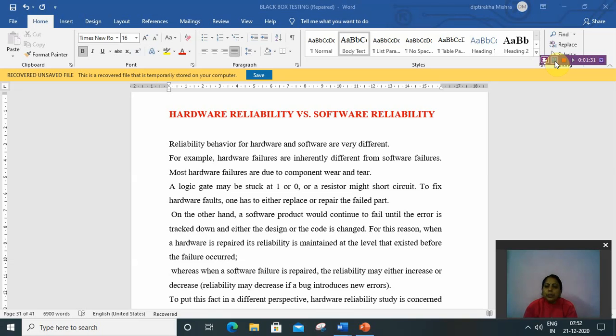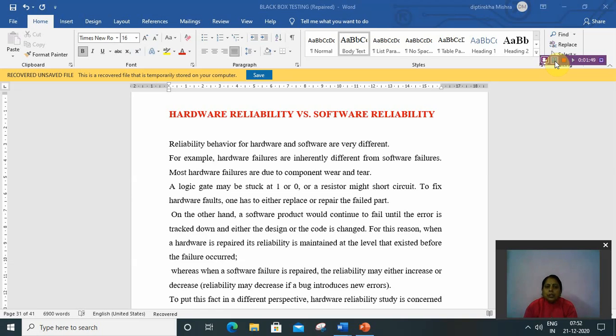When a component fails, we have to repair or replace the hardware component, and after the repair or replacement, the hardware maintains its reliability.